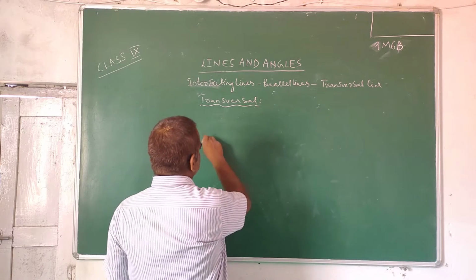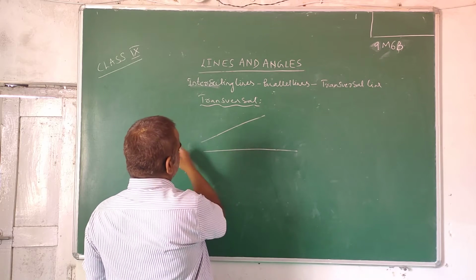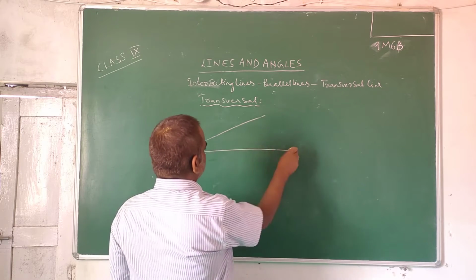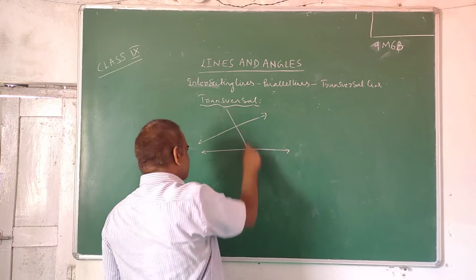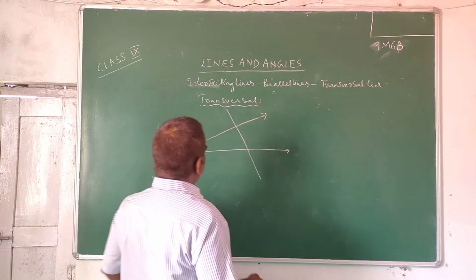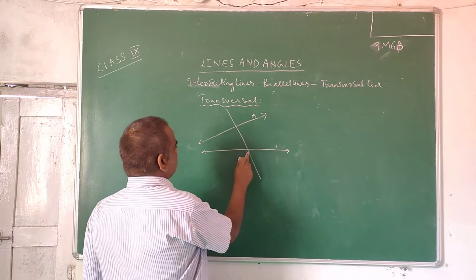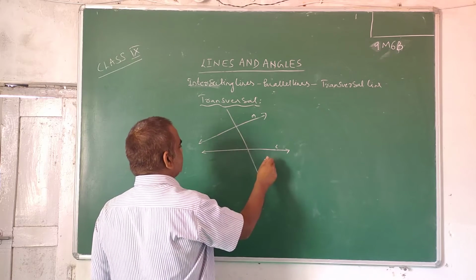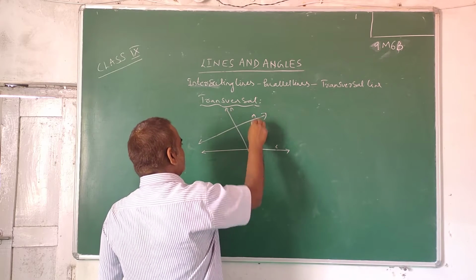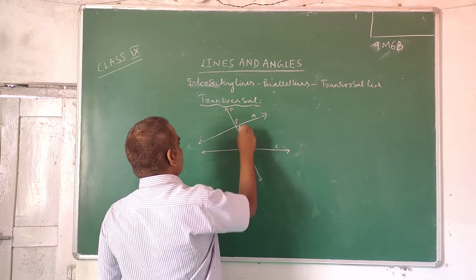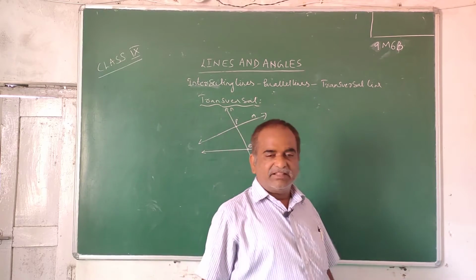See, here these are two intersecting lines. When they are produced, they will meet at some place. Here there is a line which is intersecting both these intersecting lines L and M at P and Q. So this line N is called transversal.